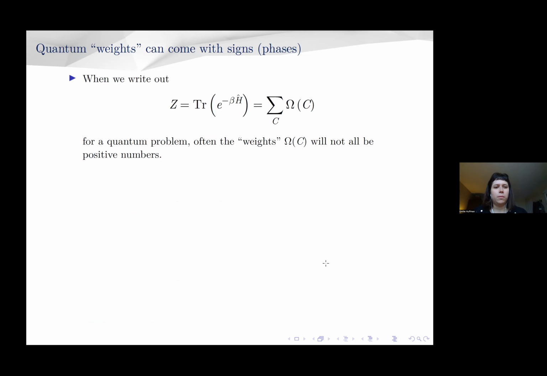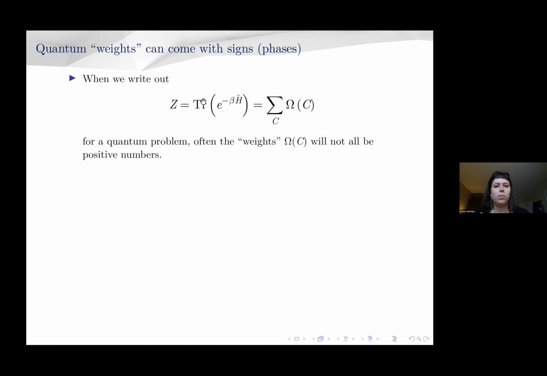Throughout the talk so far, I've been talking about these quantum weights and implicitly assuming that they're all positive because I'm relating them directly to probabilities with the probability distribution. But as we know, with quantum mechanics, we have complex variables.